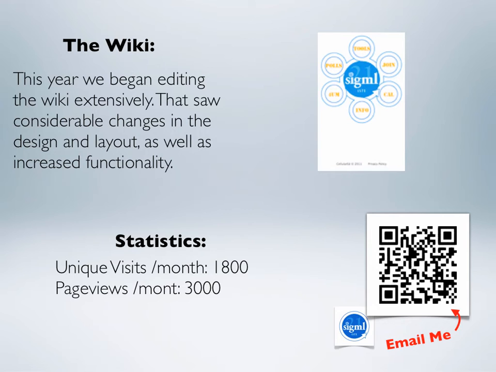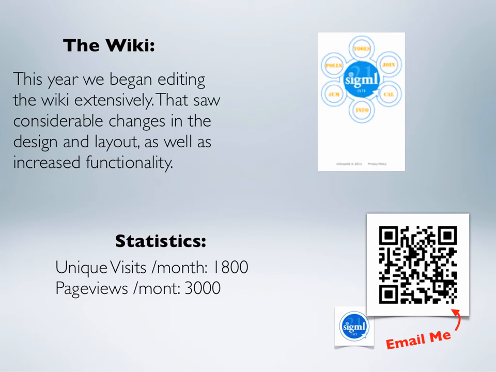Those 1,800 people are then creating about 3,000 unique page views, which means that when they get there, they don't just stop at the SIGML homepage. They go a little bit further into our website, and to be honest, our resources page is the most highly visited.